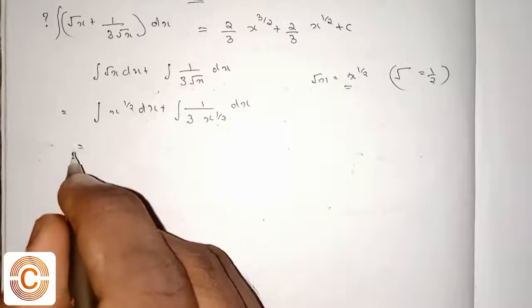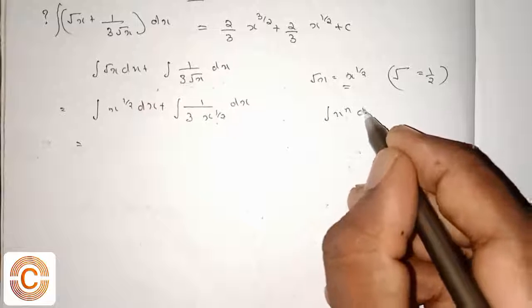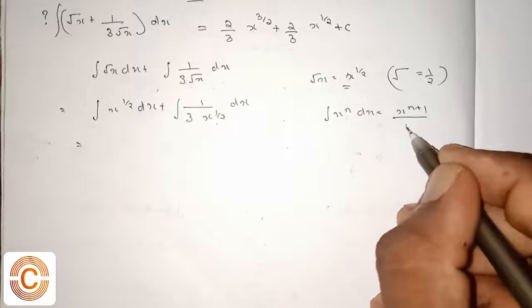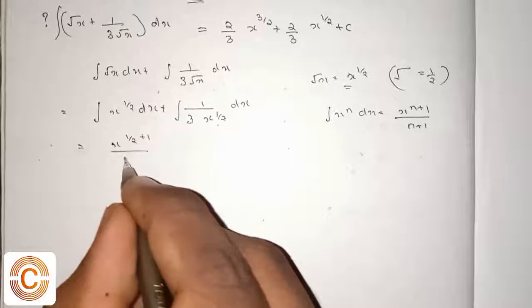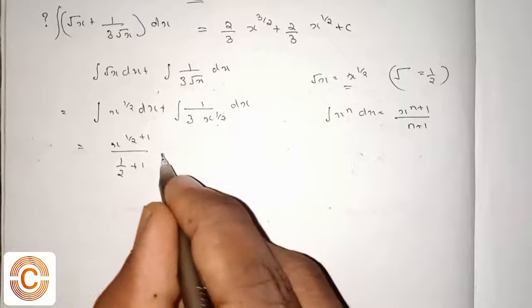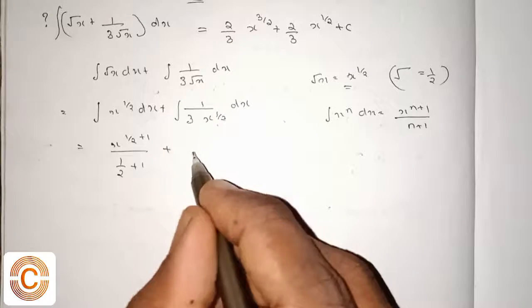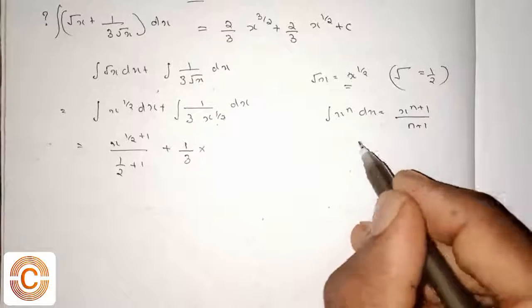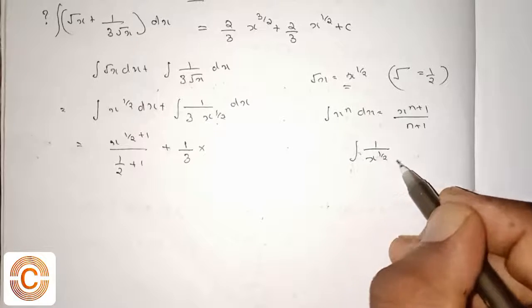In the next step, we can apply the equation that integral x raised to n dx is equal to x raised to n plus 1 divided by n plus 1, that is x raised to 1 by 2 plus 1 divided by 1 by 2 plus 1, plus integral of these things, that is 1 by 3 here is a constant that is taken outward, that is 1 by 3 into integral of, here note that integral of 1 divided by x raised to 1 by 2.